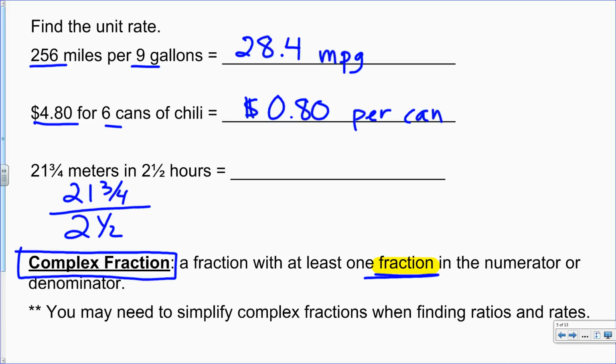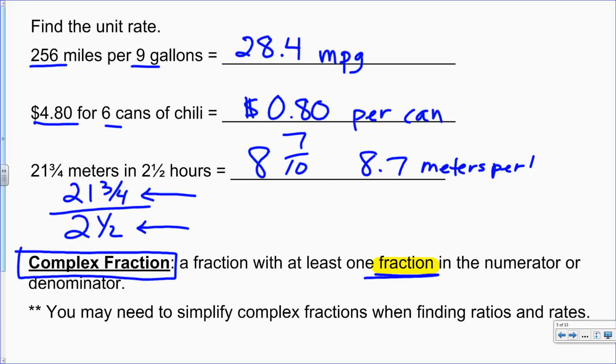But we have calculators, so put the top in as a fraction and say divided by and put the bottom in as a fraction. It should work out okay for you. It becomes 8 7/10 or 8.7, either way you want to work it. And then it says meters in an hour, so I would say meters per hour.